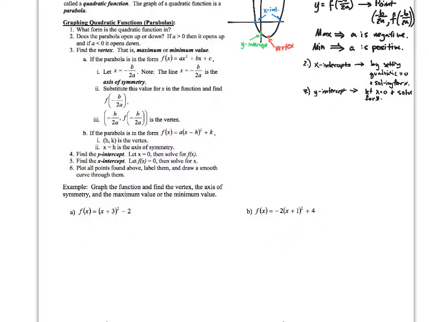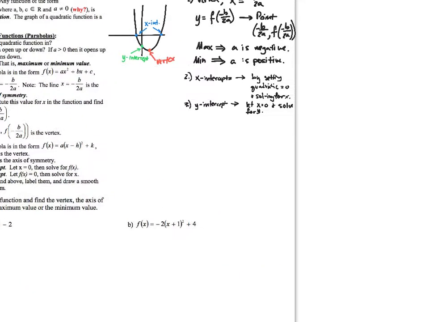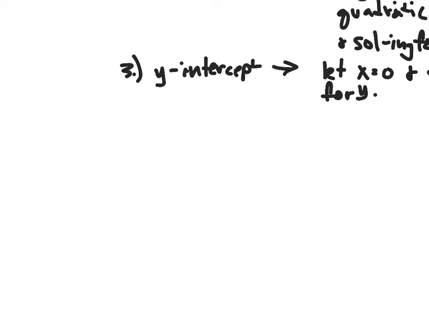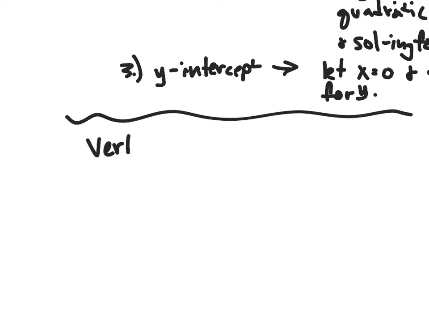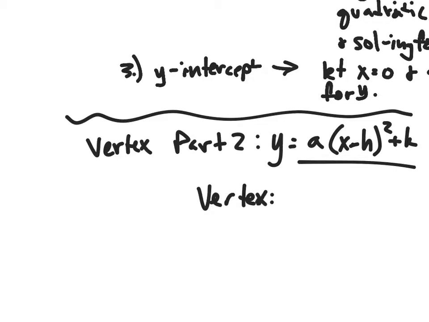Now, the other thing that I want to talk about is the vertex. So, let's talk about the vertex, part 2. When you have the equation y equals a times (x minus h) squared plus k, if you have it in this form, your vertex is of the form (h, k).